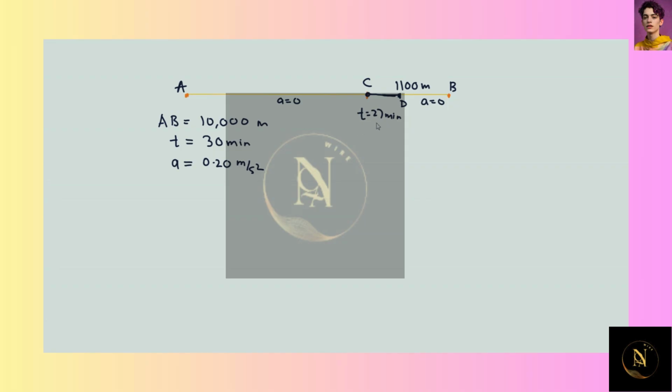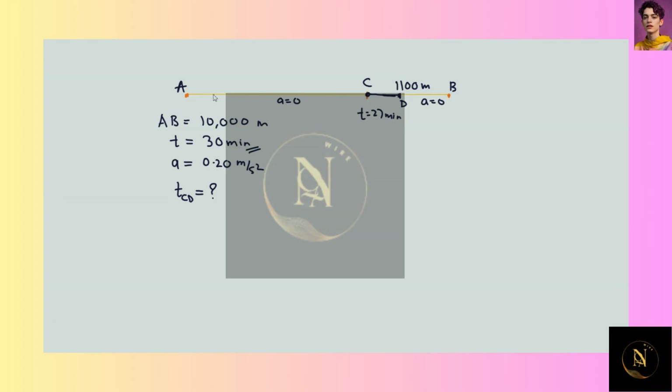Now we want to find the time for C to D, for which he has to accelerate at 0.2 meter per second square so that he can complete this task in 30 minutes as he desired.